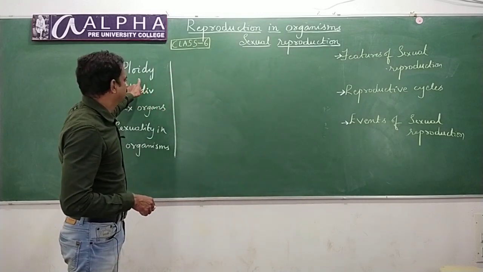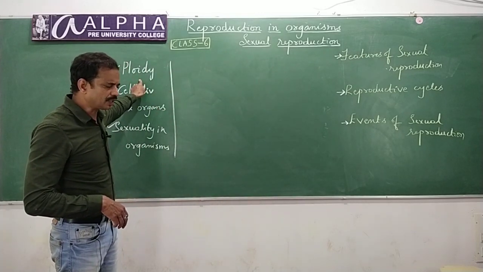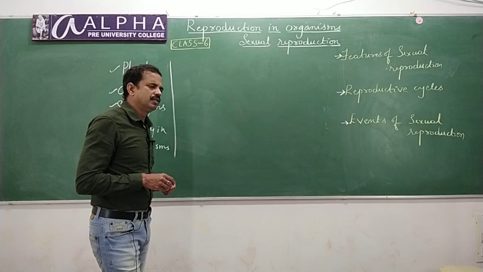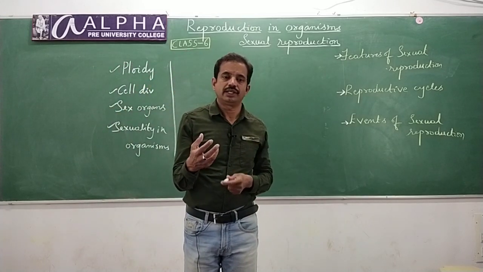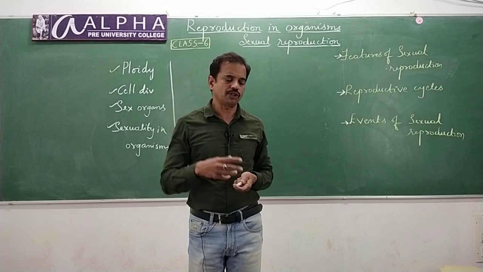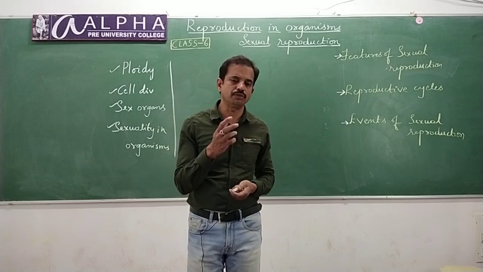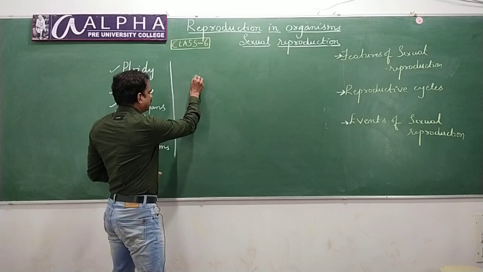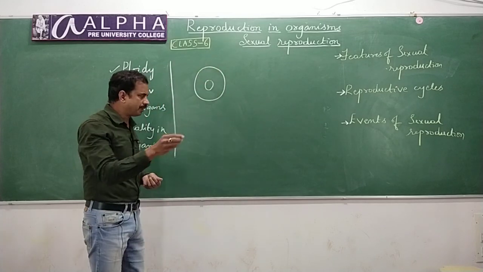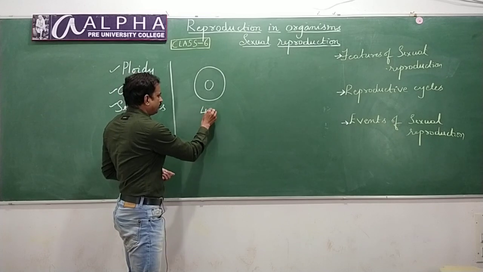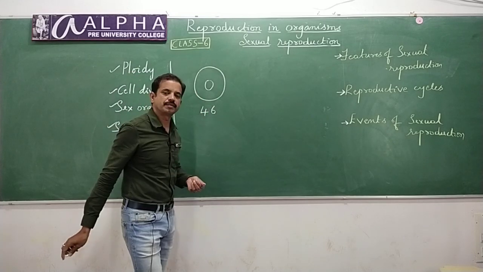Students, what is ploidy? Ploidy is a word related to the chromosomes in our cells. So, let me consider the example of a human cell. In our cell, how many chromosomes are there? All of you know we have 46 chromosomes.